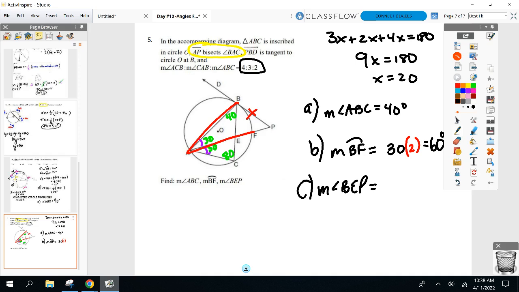No. Inscribed? No. Floater? Yeah. Okay. It is a floater angle, but I'm going to tell you guys, you don't have to find it that way. Find it however you want. Go. Find however you want to find BEP. If you want to do floater angle, do floater angle. If you'd rather do it some other way, do it some other way.